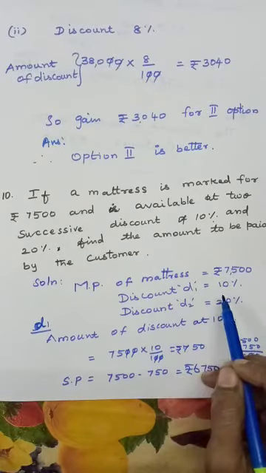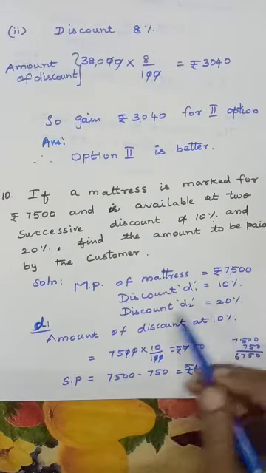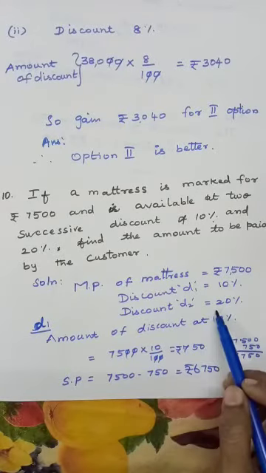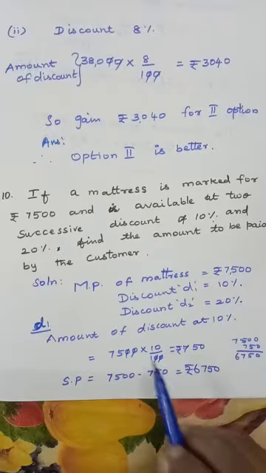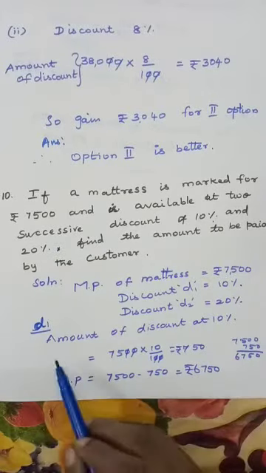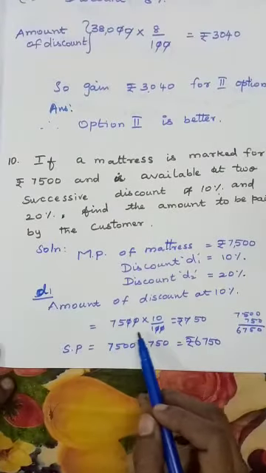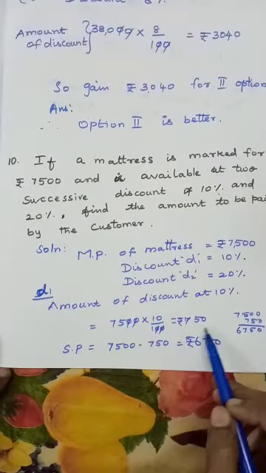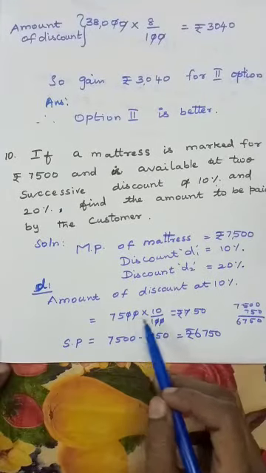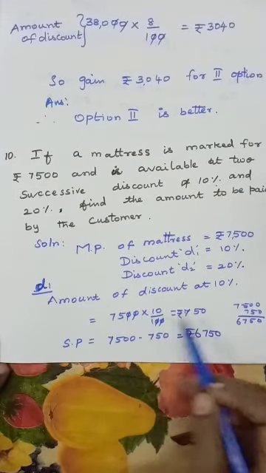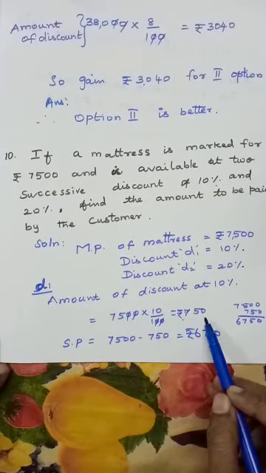Discount D1 is equal to 10%. Discount D2 is equal to 20%. First D1. Amount of discount at 10%. That is 7,500 into 10 by 100 is equal to 0, 0 gets cancelled. 75 into 10 is rupees 750.